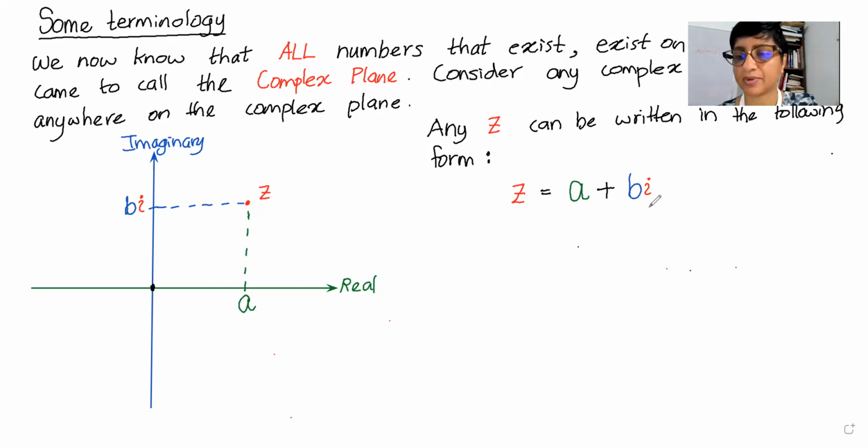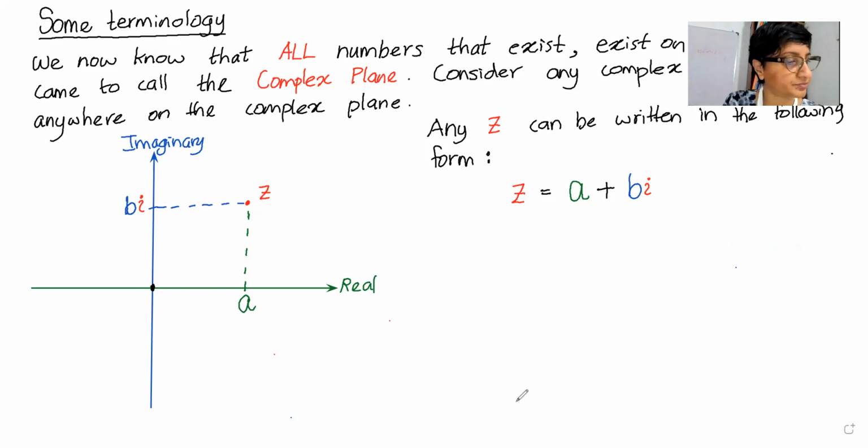If I write 2 plus 3i, it's one number, right? This corresponds to a single point on this plane. 2 plus 3i is somewhere on this plane. It's a point. So it's one number. It has a real part 2. It has an imaginary part 3. Part vanilla, part chocolate. Okay, so hope that is clear.